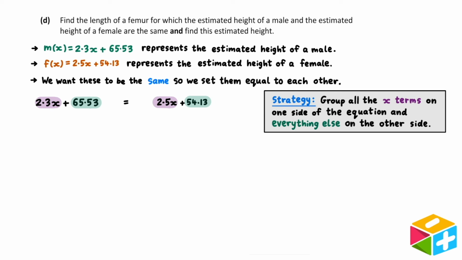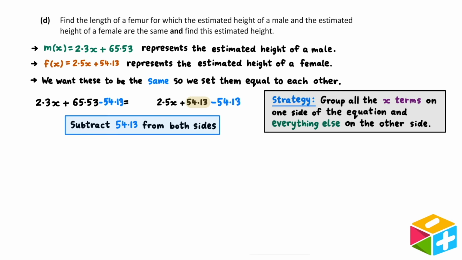Here, I'm going to group my x terms on the right-hand side and everything else on the left-hand side. To begin, I'll remove this 54.13 on the right. This represents addition. The inverse of addition is subtraction, so to remove it, I'll want to subtract 54.13 from both sides.